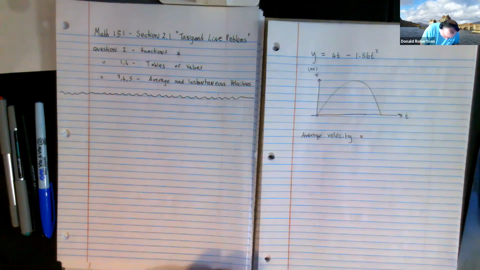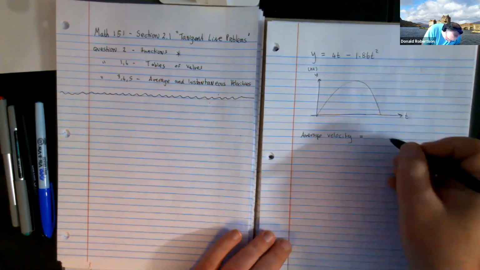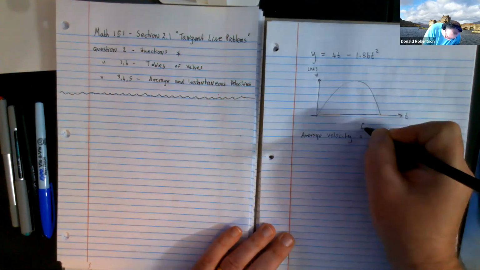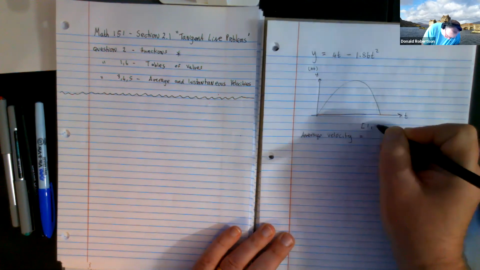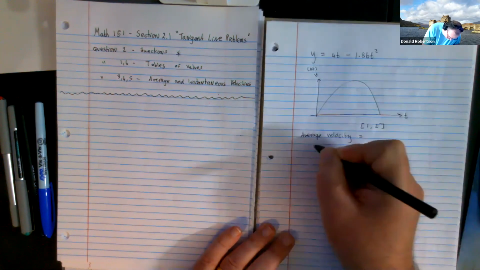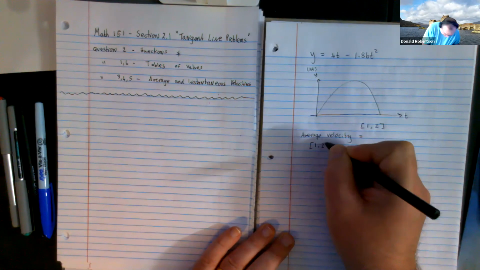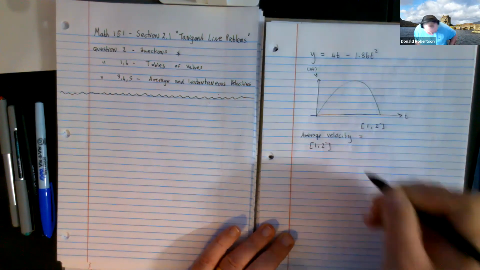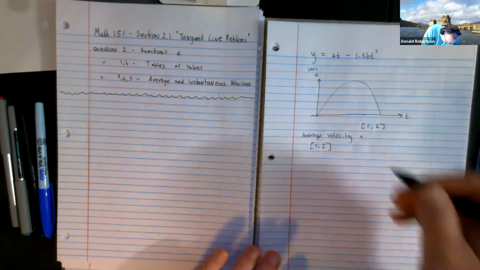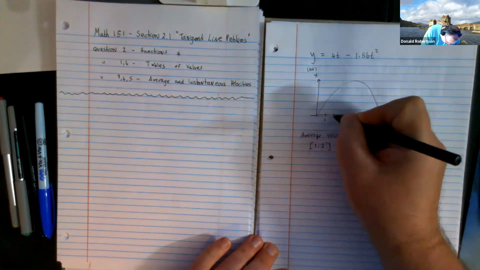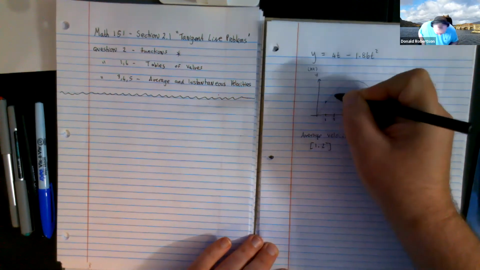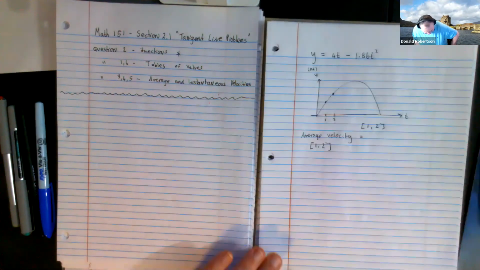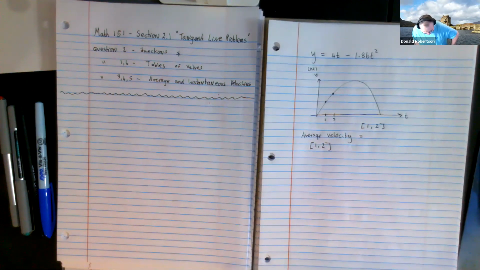And when you get average velocity, you're going to be given a start value and a finish value. So we're going to find the average velocity between the 1 and 2 second mark. Can you imagine that might be the 1 second mark, this is the 2 second mark, and we're trying to find the average velocity of this moving object.